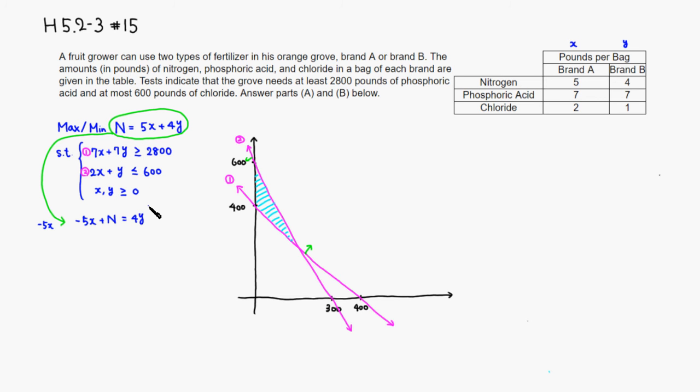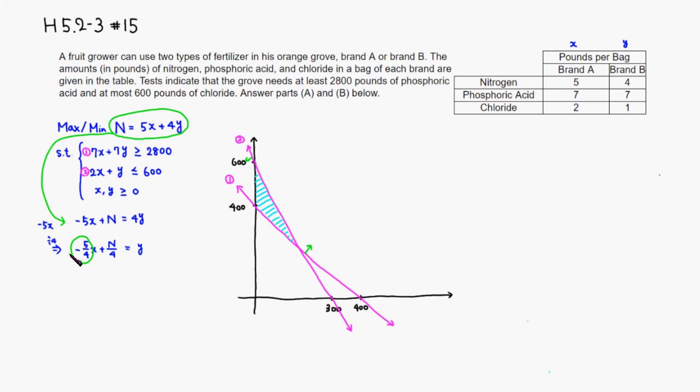Then I'm going to divide through by 4, so you have negative 5 over 4 x plus N over 4, and this is equal to y. So you can see that the slope is negative 5/4.